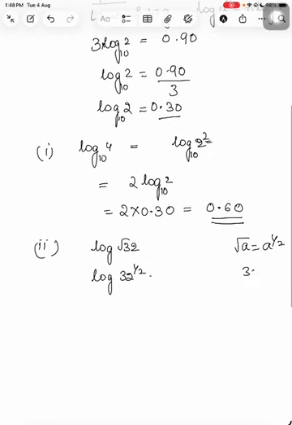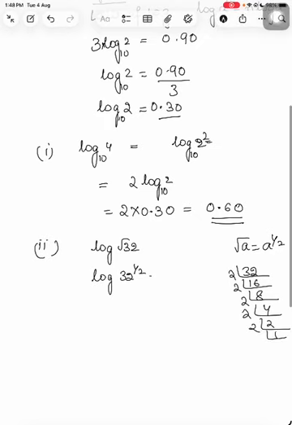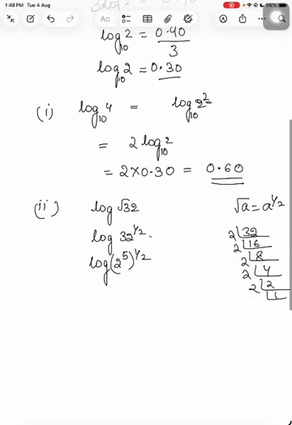Now 32, when you factorize, I'm factorizing here, 2 raised to the power 5. So 32 can be written 2 raised to the power 5 into half. We know in exponents, the law of indices, the powers are multiplied. So this will become log 2 raised to the power 5 by 2.